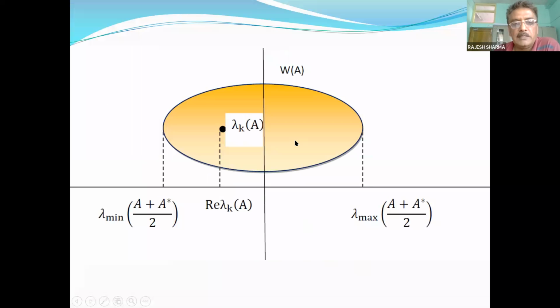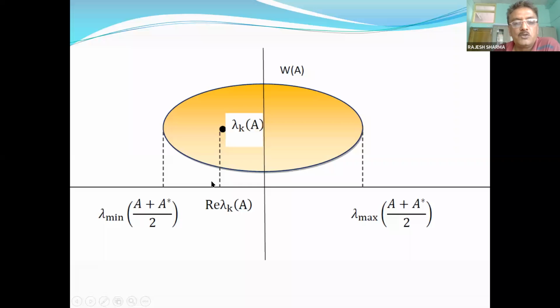Or we can visualize this in this way. This is the numerical range of A. Now, the numerical range of A contains the spectrum, so lambda K is somewhere here. Suppose it is here. Then this is its real part.